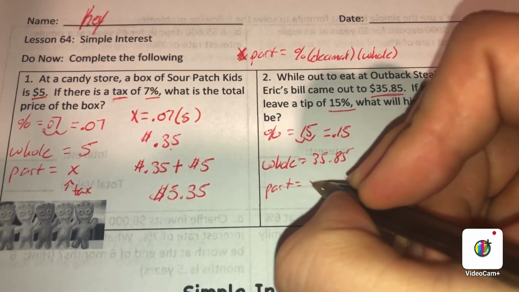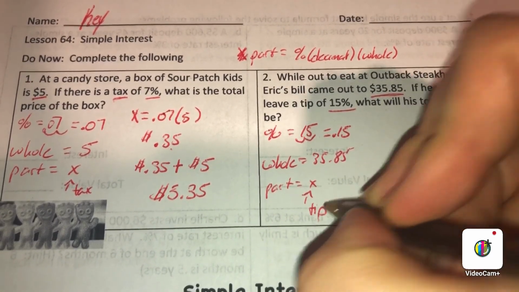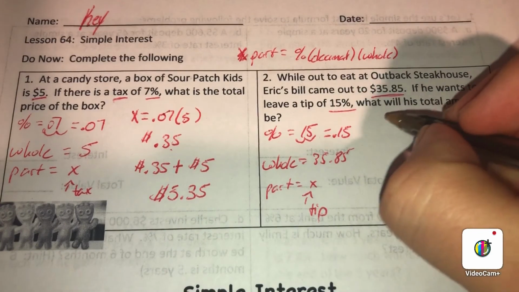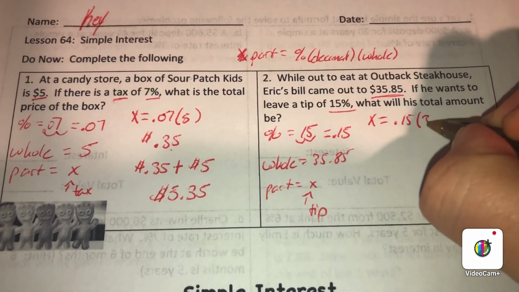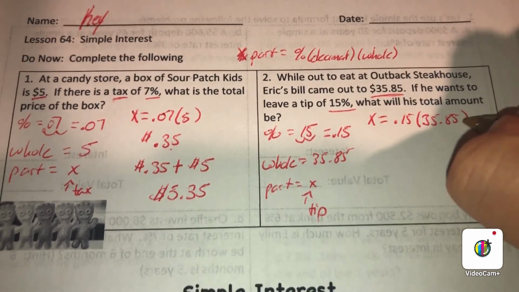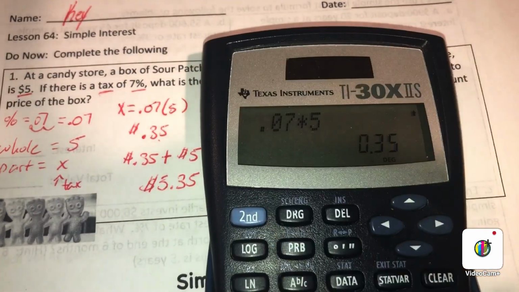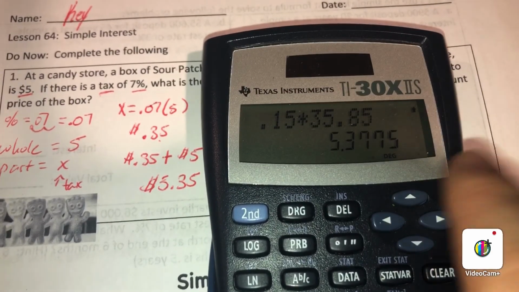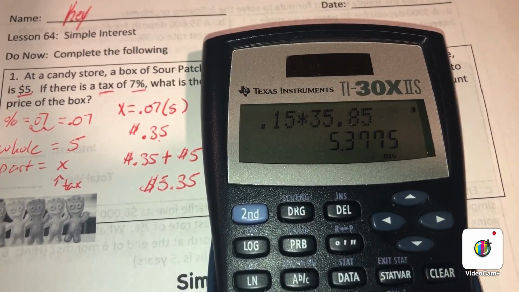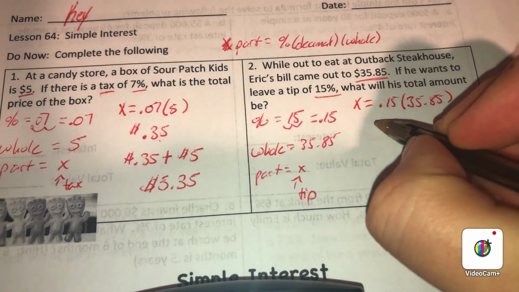And the part will be what we're looking for, which is our tip amount. So x equals 0.15 times 35.85. So you get $5.38 if we round it for the tip.